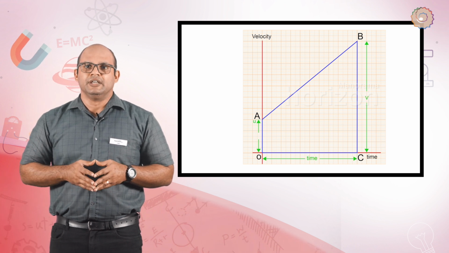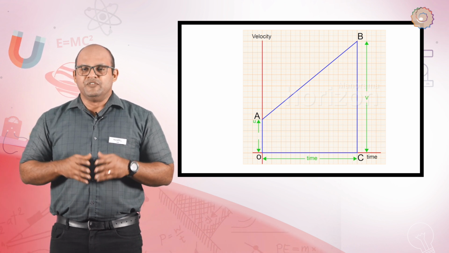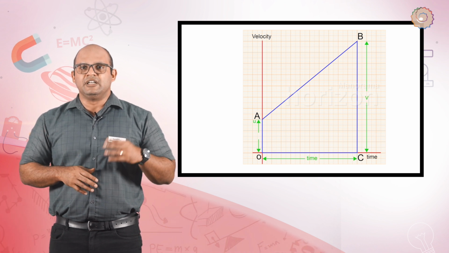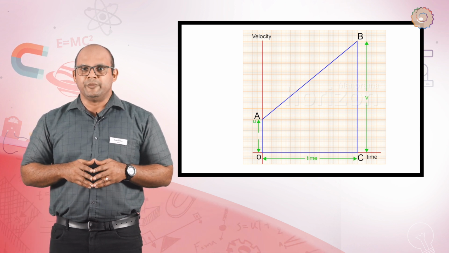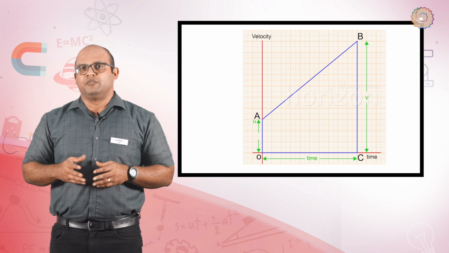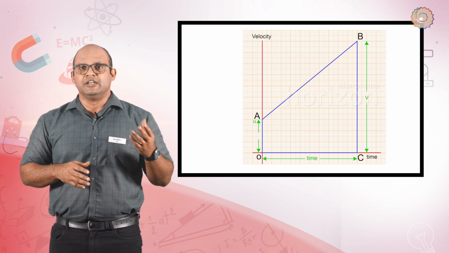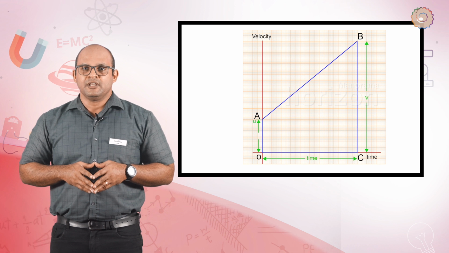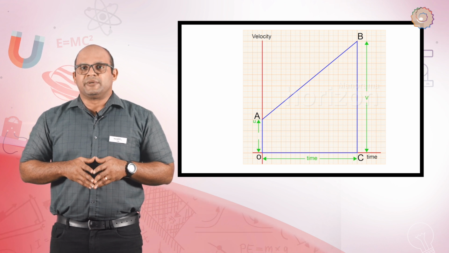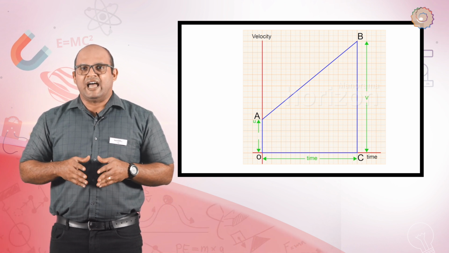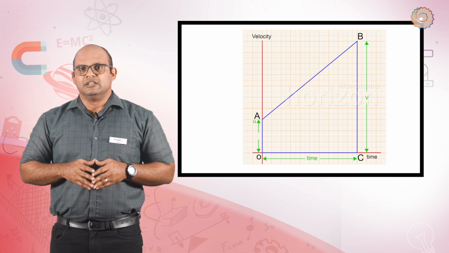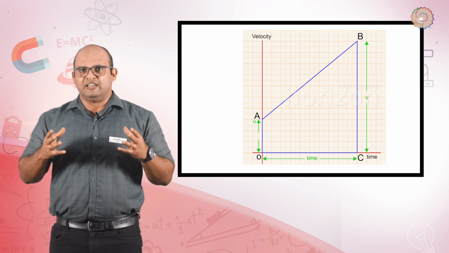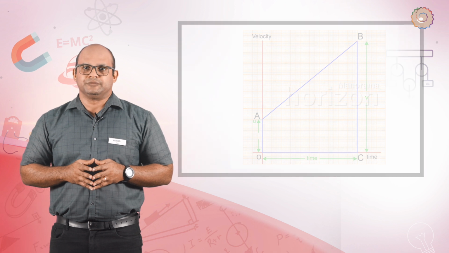If we look at this graph, it is easy to see that one side is significantly bigger than the other, which means that the final velocity of the object is greater than the initial velocity. In other words, v is greater than u. Since the length AO represents u and the length BC represents v, we need to find a way by which we can link these quantities using an equation.